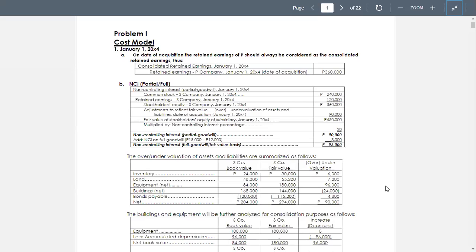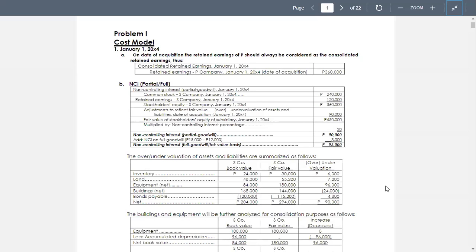So you look at your trial balance, we have the retained earnings amount of 360,000. That is the amount on January 1, 20x4, though as given here, that's the amount on December 31, 20x4. This amount is still unadjusted. So take note that the ending before adjustment is still equal to the beginning.